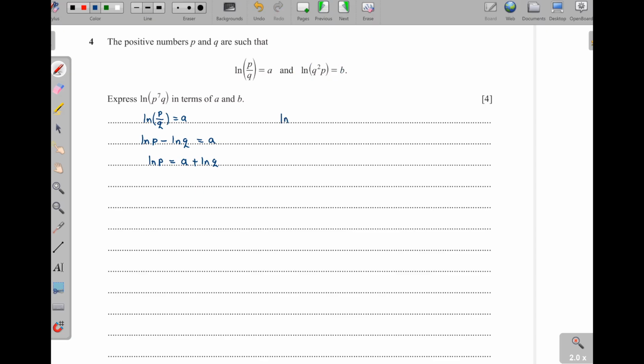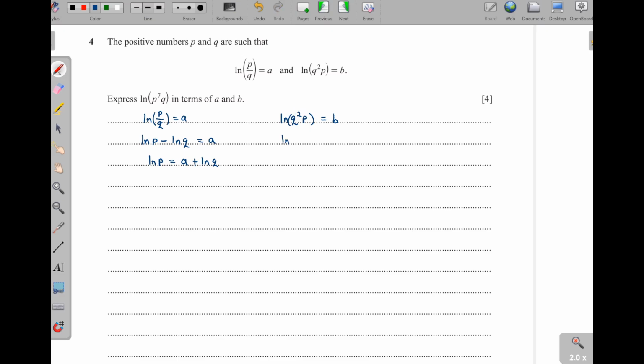In other words, I'm going to solve natural log of p and natural log of q simultaneously. You see that? The natural log of q squared p is the same as natural log of a multiplication of the two.